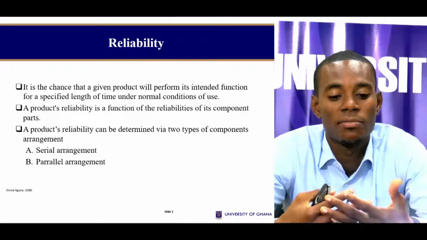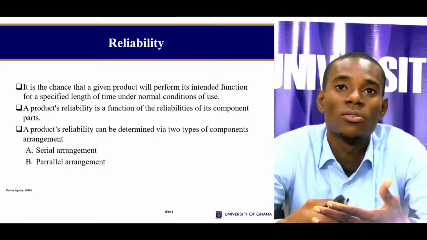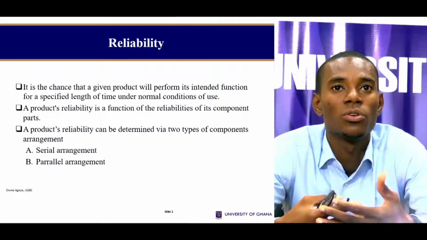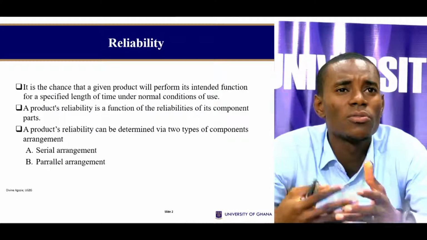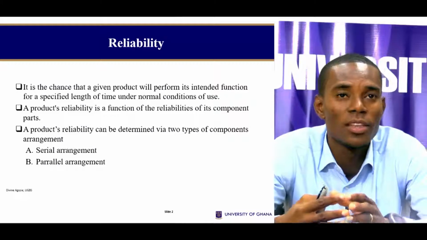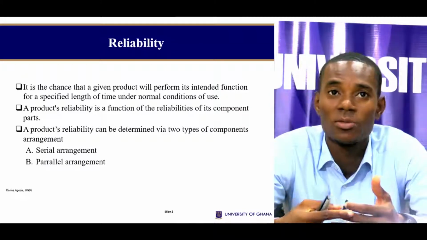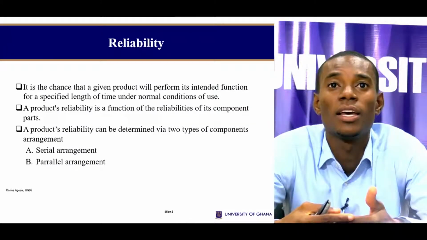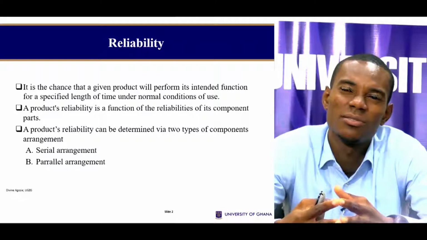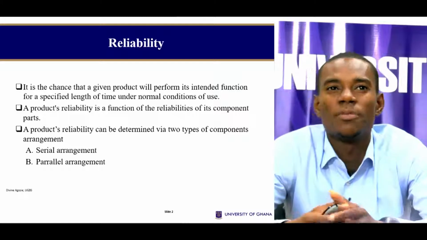You want the screen to be working well. You want the light to work well. You want the ringtone. A lot of things. The battery must last long. When we put all of these together, then we can determine whether the product is reliable. Of course, if I have a phone and every other thing is working apart from the touch, I would say the phone isn't good, isn't it?